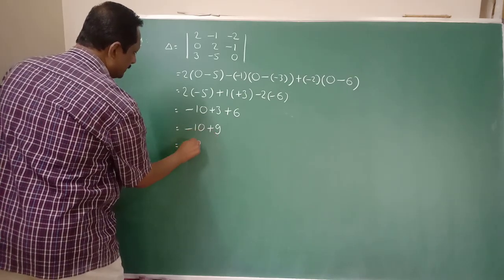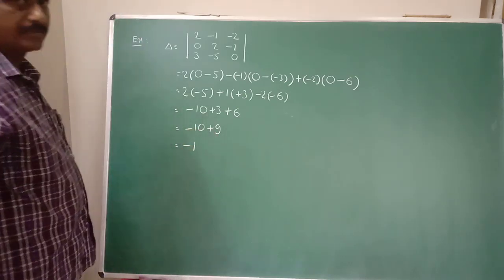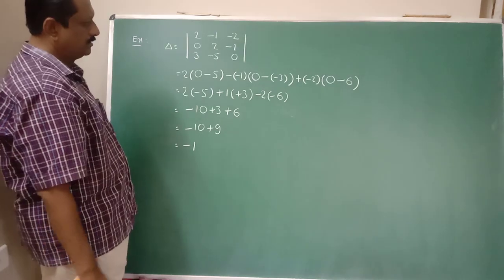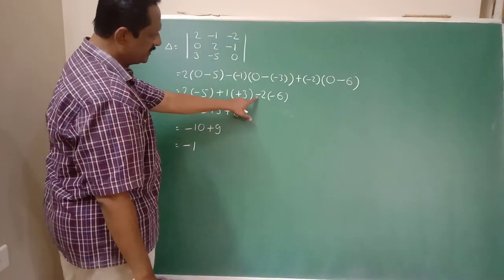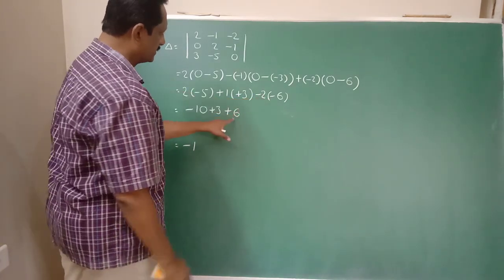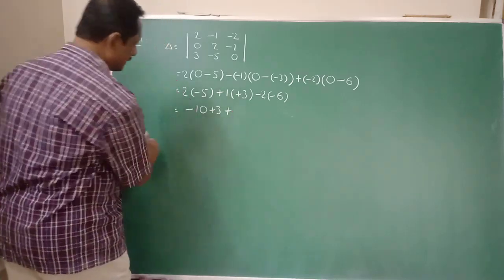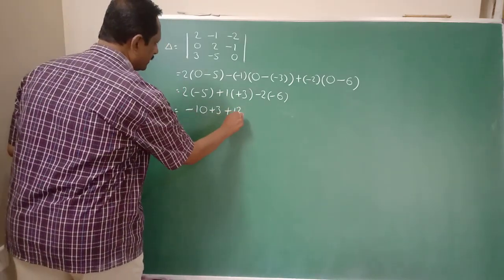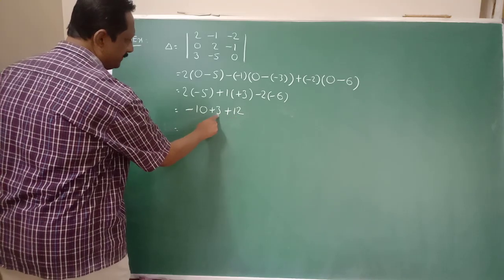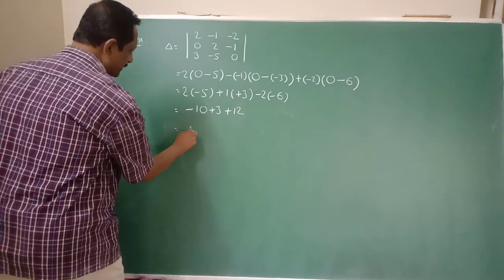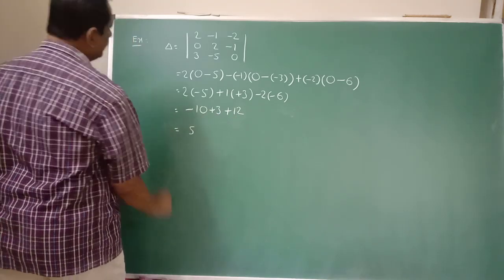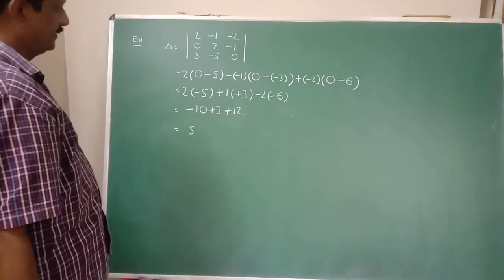Then plus 3. Here I made a mistake: minus into minus becomes plus and 6 2s are 12. So 12 plus 3 is 15, minus 10 is 5. Okay, here delta is equal to plus 5.